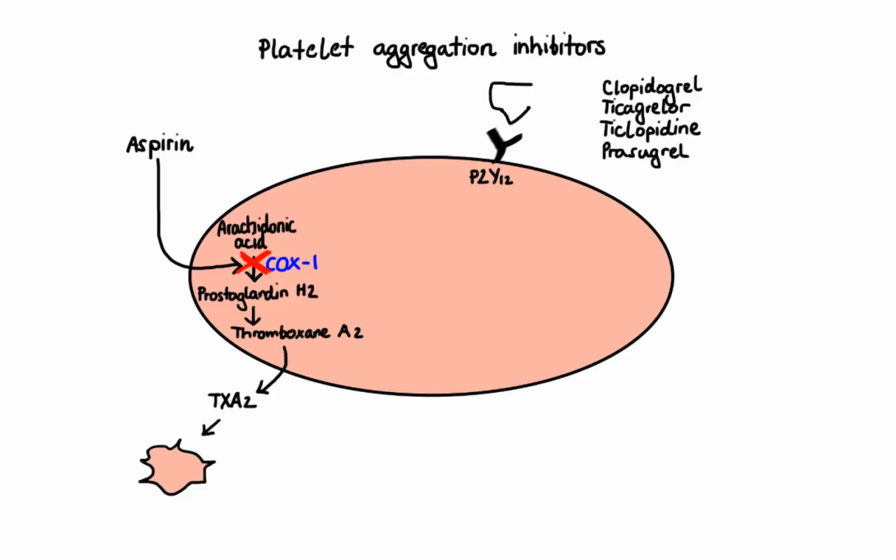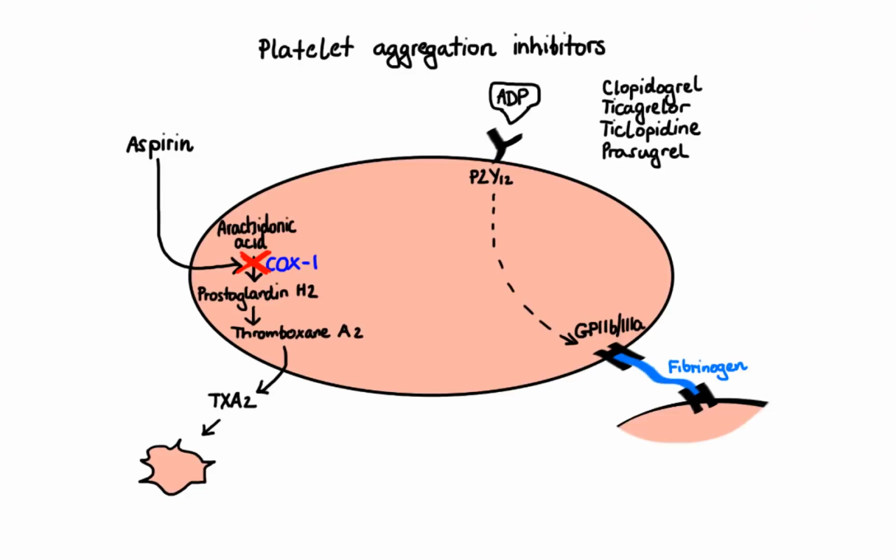One of them is ADP, which binds to the P2Y12 receptor, leading to activation of the glycoprotein 2B3A receptors, which are required for fibrin-mediated platelet cross-linking. So by blocking P2Y12 ADP receptors, these drugs effectively inhibit platelet aggregation and thus clot formation.